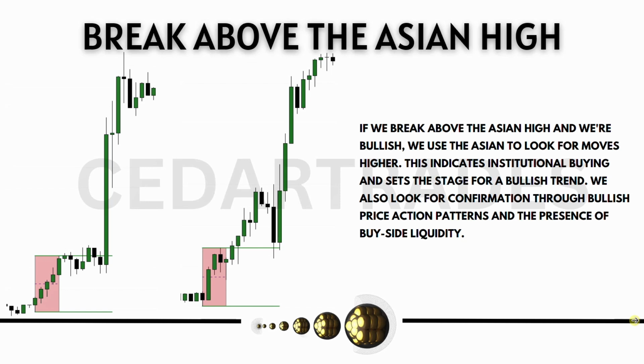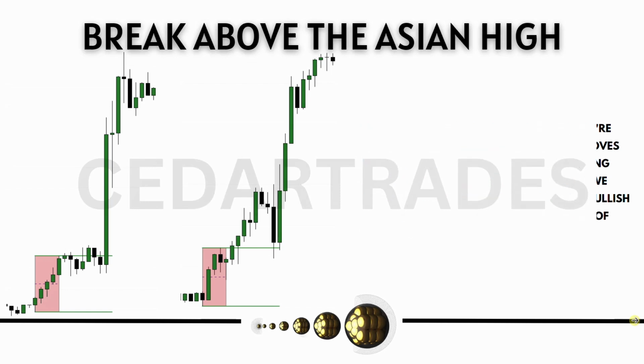If we are bullish for that day and we are already above the high, we can continue buying because of that high. In simple terms, we'll be using that Asian high as our support for the day we're looking to trade in the London or New York session.